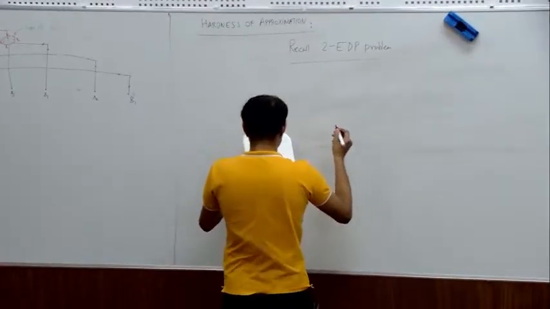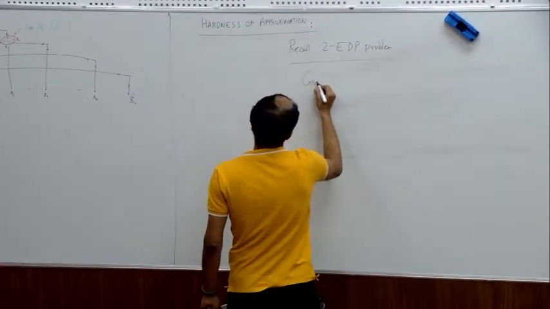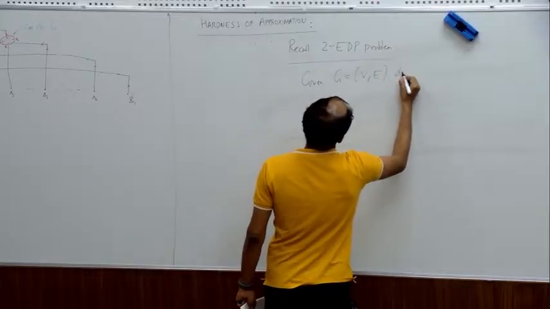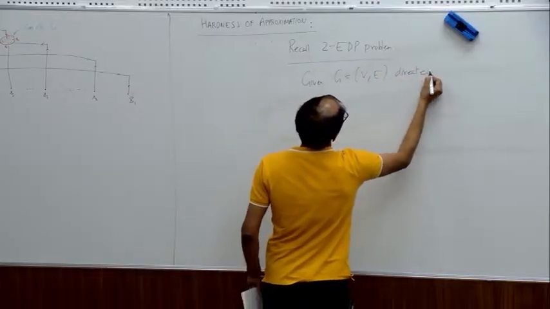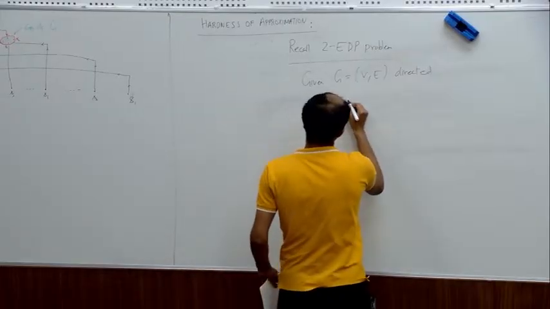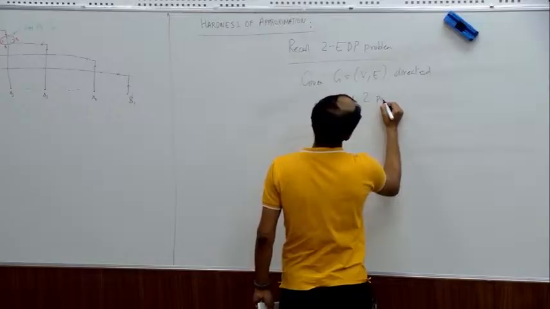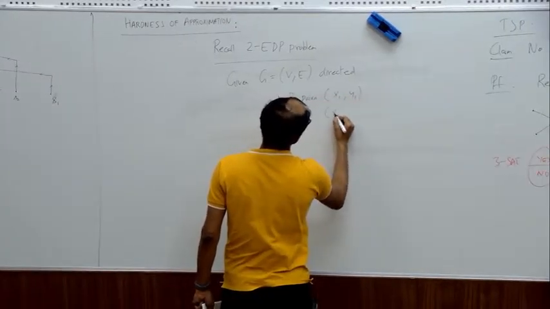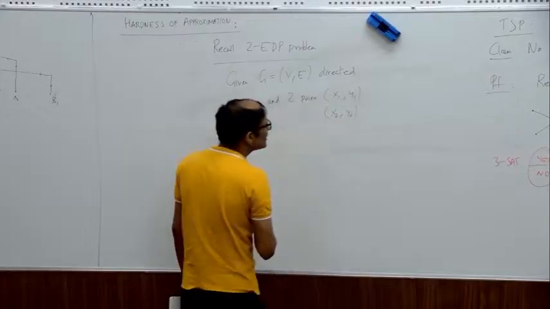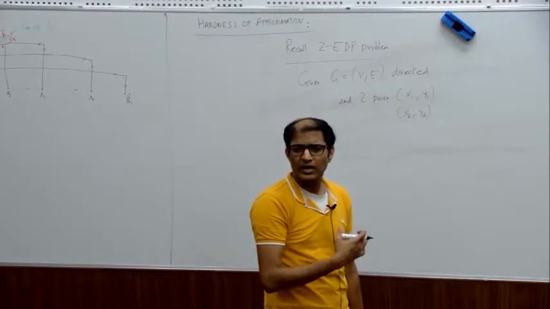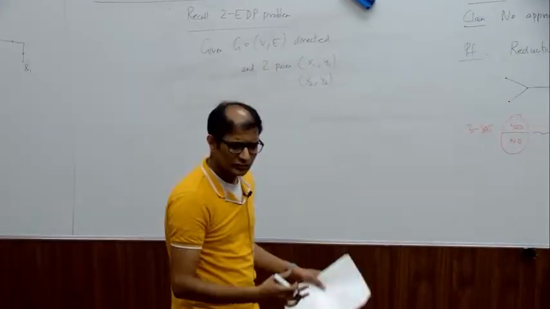What 2EDP asks is that again you are given a directed graph, and you are given two source-sink pairs, X1, Y1, X2, Y2. The question is, can you route X1 to Y1 and X2 to Y2 while maintaining edge disjointness of these paths?